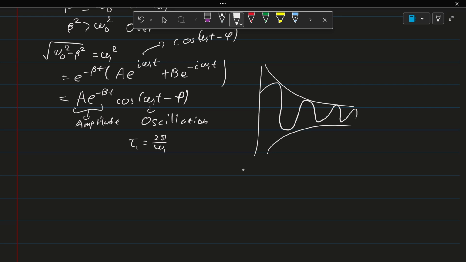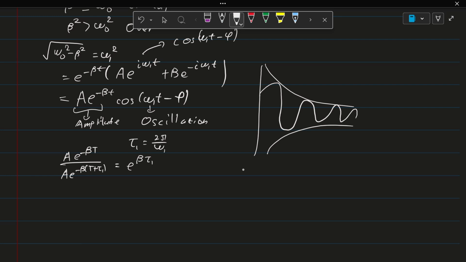So if you take the ratio from the original size, a e to the power negative beta t, and then you divide it by the one after this period, a e to the power negative beta times t plus period, you would get that it decays by e to the power beta tau 1.